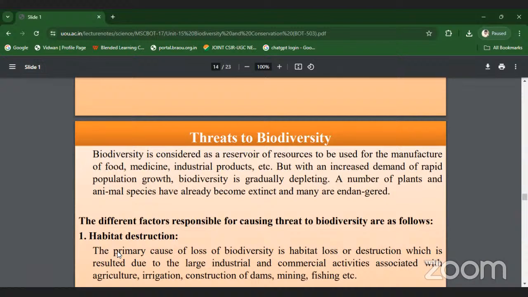Value and threats are both important for essays. The 10 biogeographical areas are also important. You write all 10 different areas, but elaborately explain only the Himalaya region, Western Ghats and Eastern Ghats, because these are mostly the hotspot regions.